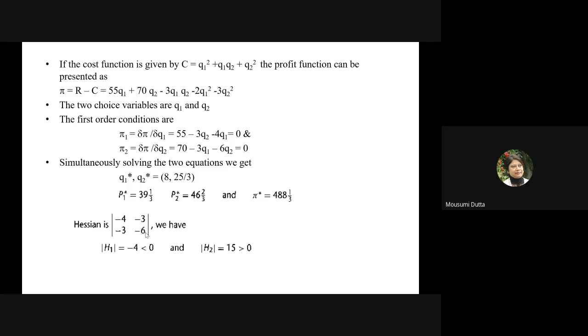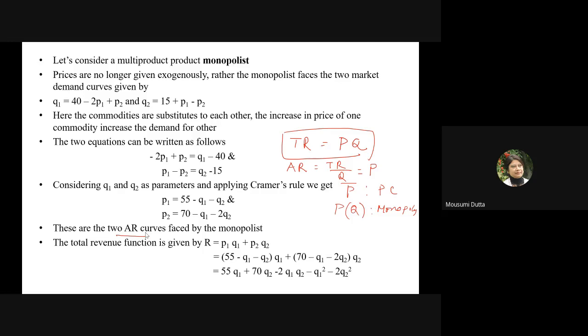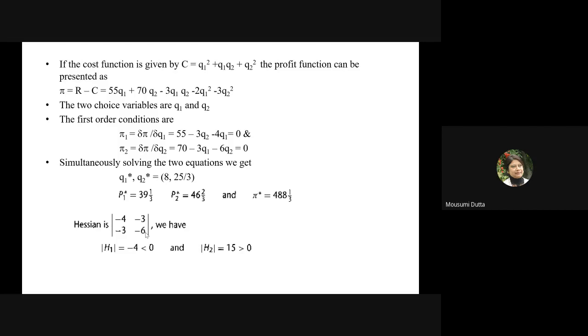So this is the cost function. And once you get the cost function, you write down the profit equation, which is R minus C. R is 55 Q1 plus 70 Q2 minus 2 Q1 Q2 minus Q1 square minus 2 Q2 square, and this is C. So find out R minus C, and check whether you are getting the expression 55 Q1 plus 70 Q2 minus 3 Q1 Q2 minus 2 Q1 square minus 3 Q2 square.